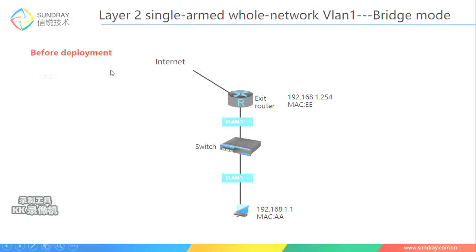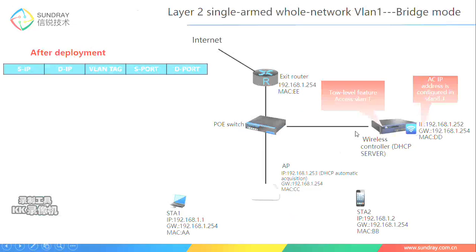Before deployment, this one is layer 2 single arm mode with the whole network on VLAN 1 with bridge mode. Before deployment, we have the router here and the switch here, and this is the terminal. Then we deploy the controller, layer 2 VLAN 1, and set the IP as 1.252.